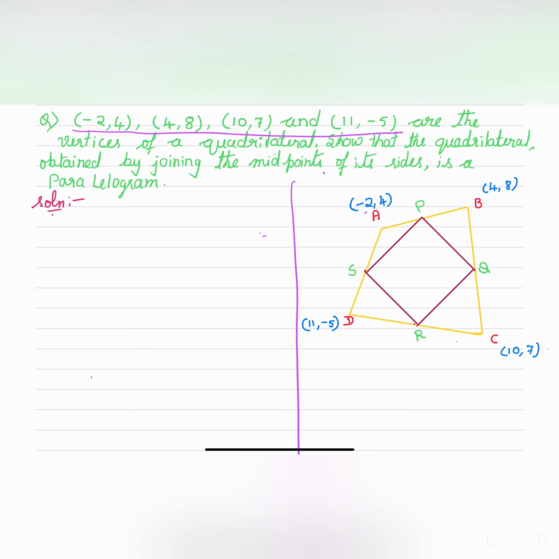Okay. Now ABCD is the quadrilateral and P, Q, R, S are the midpoints of the respective sides. I have written it there. Now A I have taken as (-2, 4), and B, C and D are as shown.